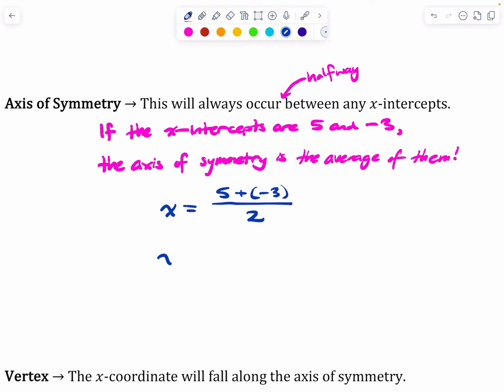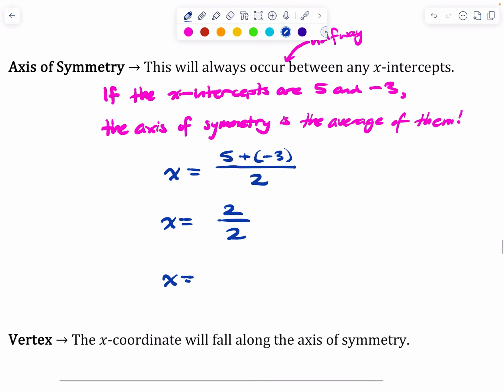And then we just have to go through and figure out what that is. 5 plus -3 is the same as 5 minus 3. So that top of the fraction is 2, the bottom of the fraction is 2, and 2 divided by 2 is 1. So this is your axis of symmetry.